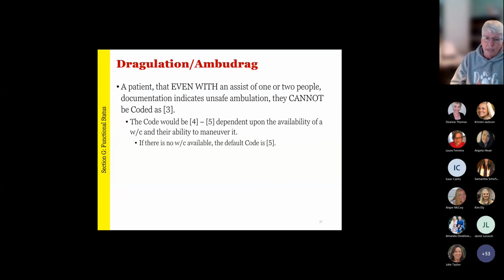So the best we can say is we're going to default to a 4 or 5, depending on their ability to maneuver a wheelchair. And if there is not a wheelchair in the home to test them on, the default code is 5. We can't use 6 because that's bedfast and they're not bedfast, right? So the best you can say is a 5 because you will be getting a wheelchair into that house. And by the time you discharge them, they're going to be either a 4 or a 5, unless they get so miraculously much better and they're back to walking in a safer manner.